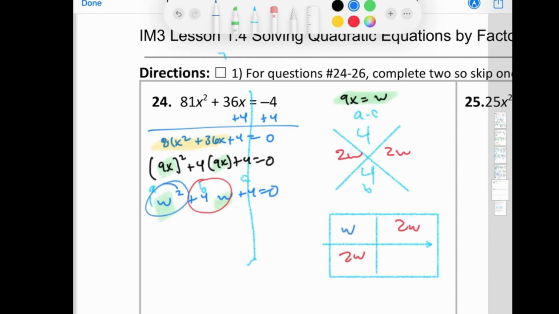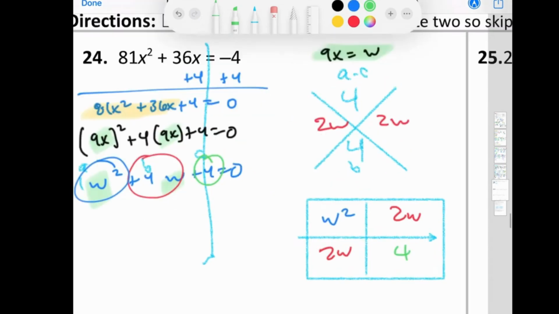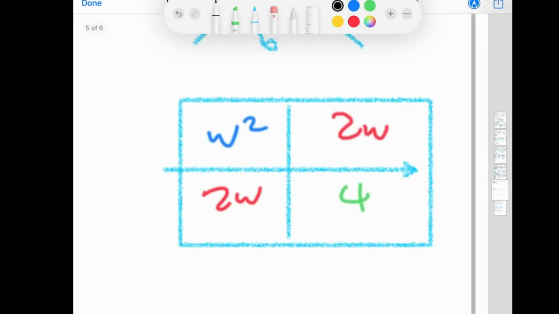This one always goes top left, this one always goes in the bottom right, and then we just take our greatest common factor. So W, 2, W, 2.